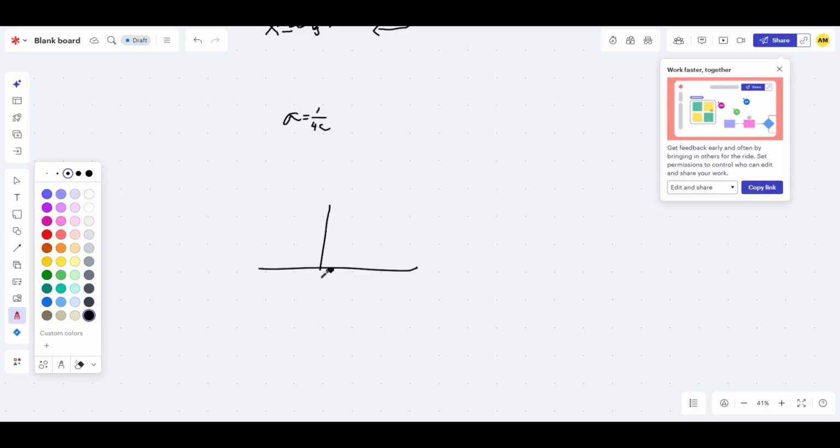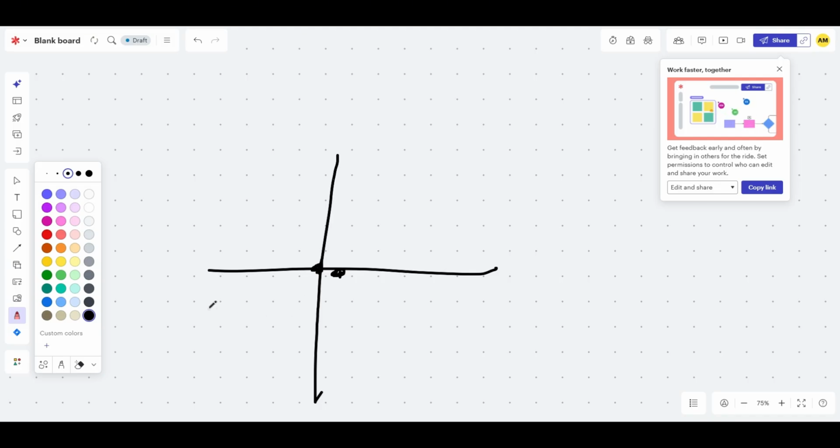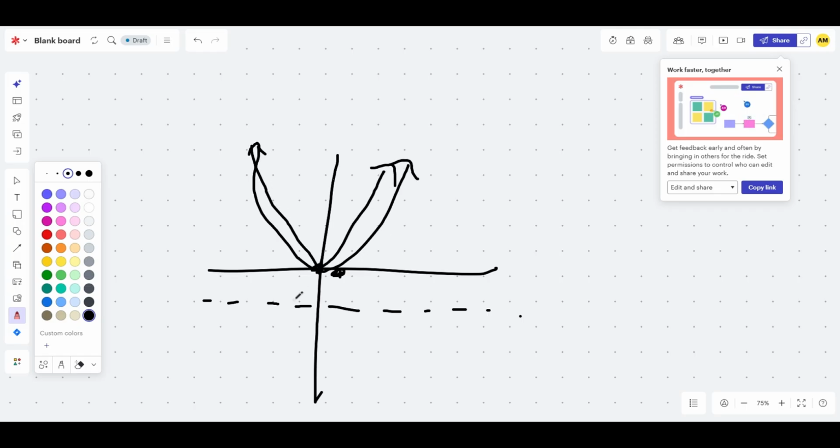Let's just say your graph has its vertex on the origin, and you're given this thing called a directrix, basically like an imaginary line. And you're given that this is your curve. You're given that the distance between this and this is 3. So where is the focus point?